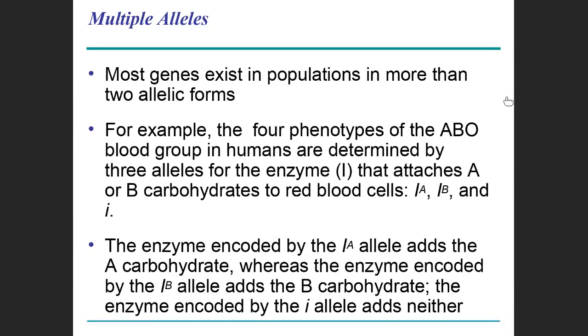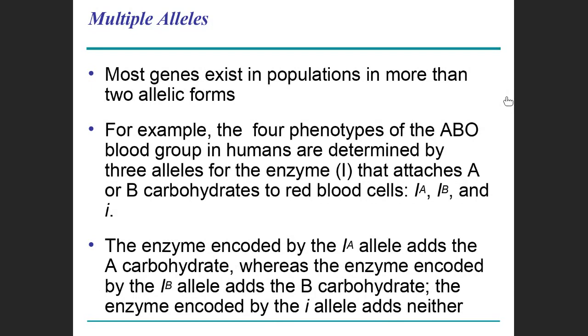When it comes to multiple alleles, most genes exist in populations in more than 2 allelic forms. So there's more than just 2 alleles. A good example, blood type. So when it comes to the ABO blood group, the A and B antigens are extremely important when it comes to transfusing blood.